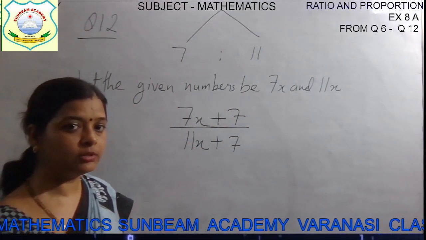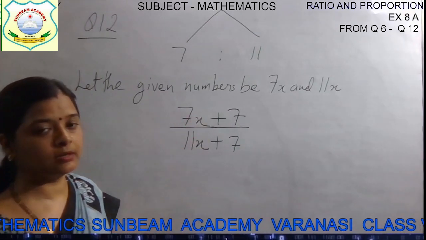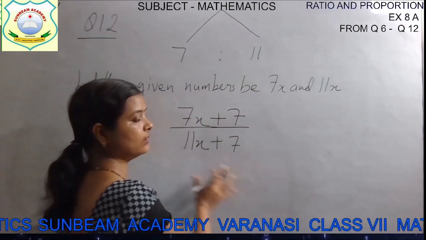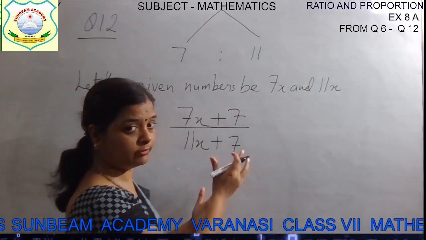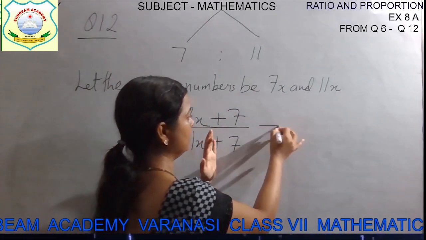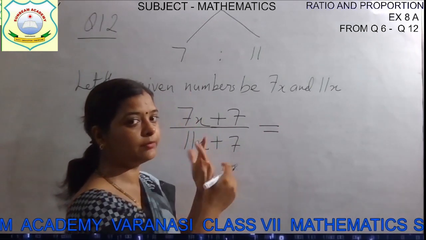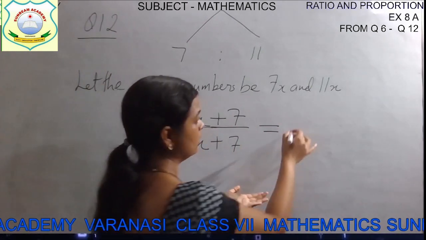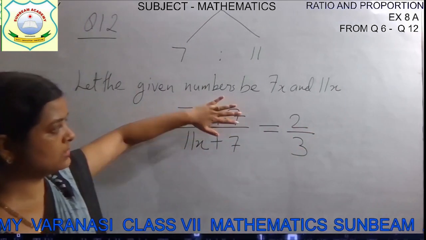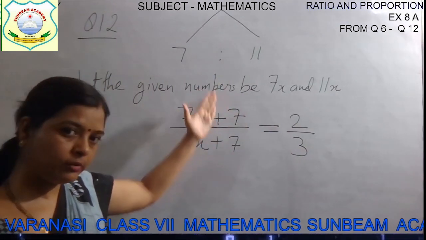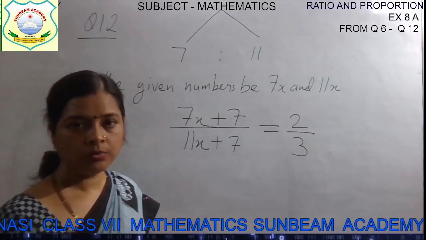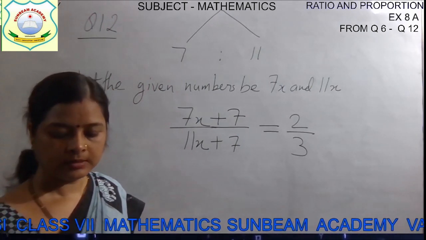If 7 is added to both the terms, first term and second term, antecedent and consequent, whatever answer we obtain will be in simplest ratio form, that is 2:3. So that will be equal to 2:3. Means simplify it, and whatever you get will be equal to 2:3. Clear? Now how will we solve this? Let's see it again.